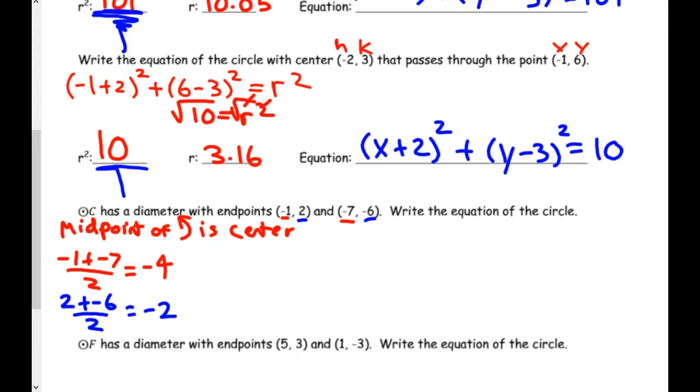So my center is -4, -2 by using midpoint formula, okay? So we got the center using the midpoint formula.